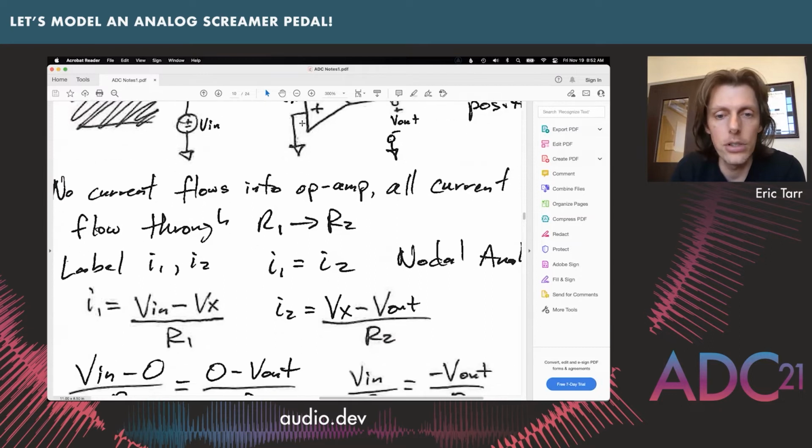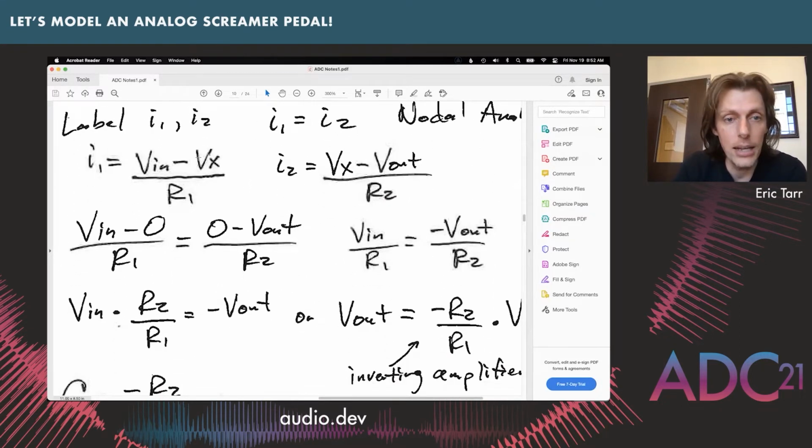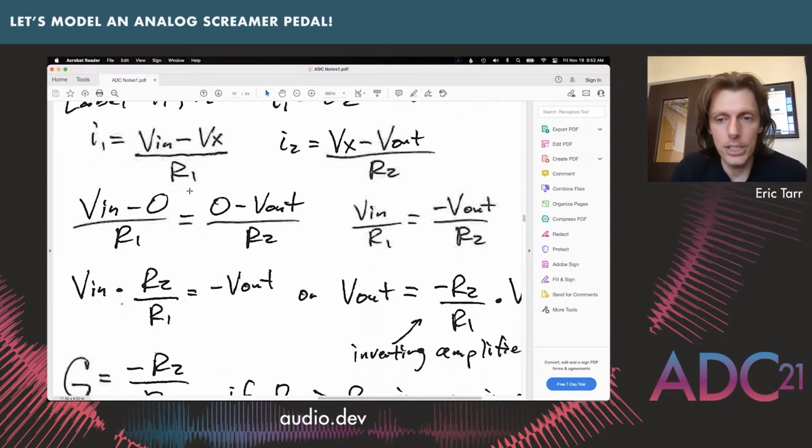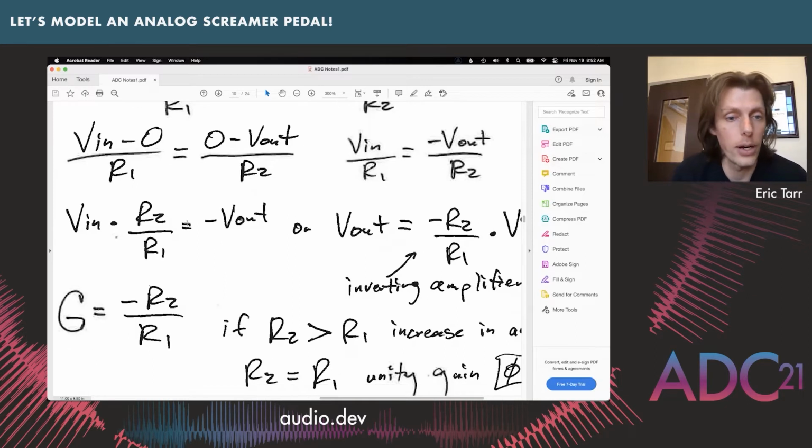So we can set those two things equal to each other in our equations and have this one, Vin minus 0 over R1 is equal to 0 minus V out over R2. So if we get rid of our zeros, we can rearrange it to solve for V out and Vin.